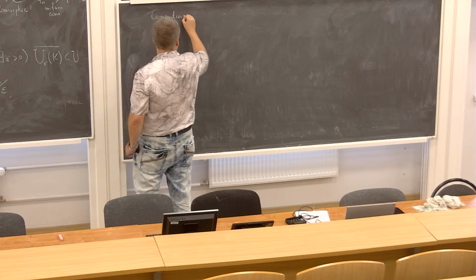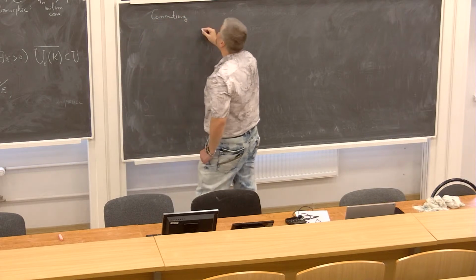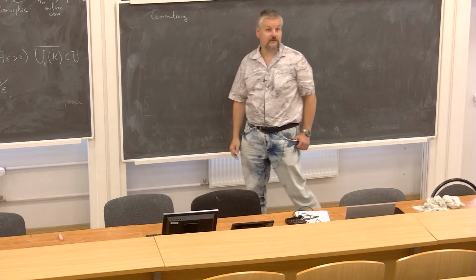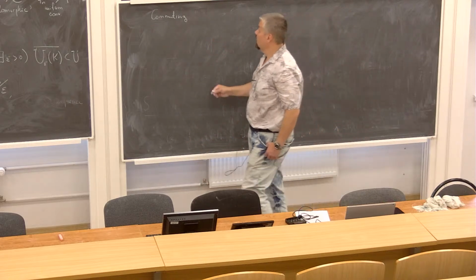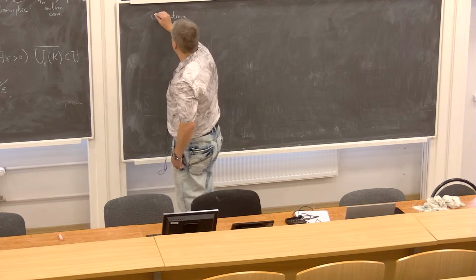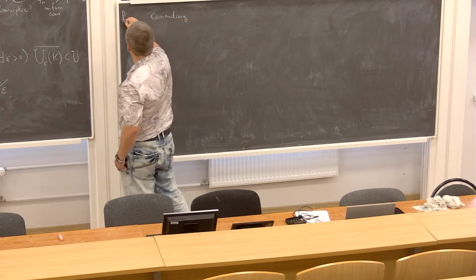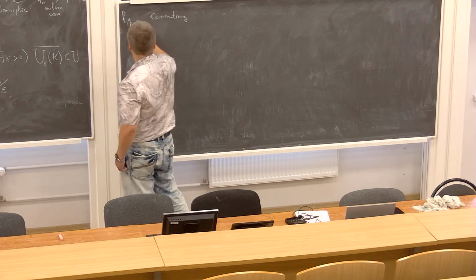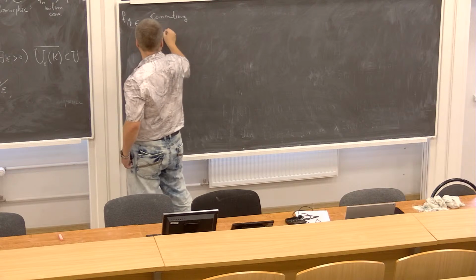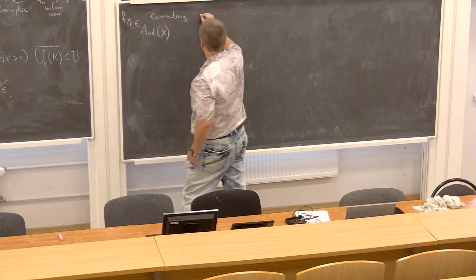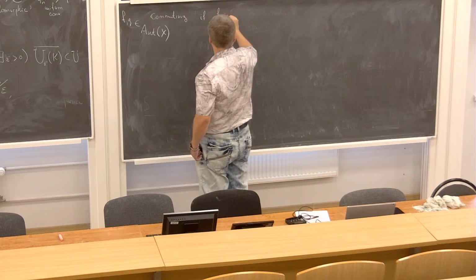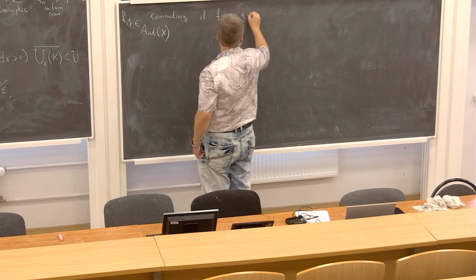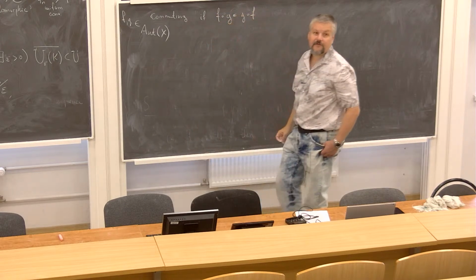Commuting means commuting with respect to the composition. So let's say that f and g, in an automorphism of something, are commuting if f composed with g is the same as g composed with f.